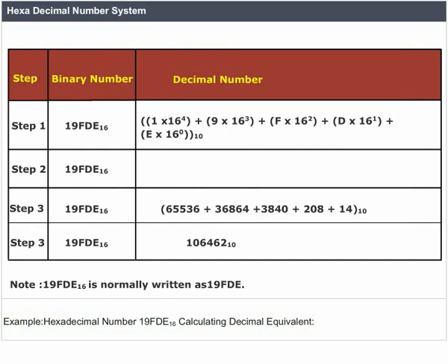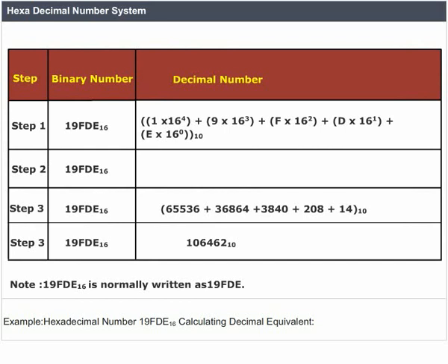Calculating decimal equivalent. Step 1. 1 multiplied by 16 to the power 4 plus 9 multiplied by 16 to the power 3 plus F multiplied by 16 to the power 2 plus D multiplied by 16 to the power 1 plus E multiplied by 16 to the power 0, all to the base 10.